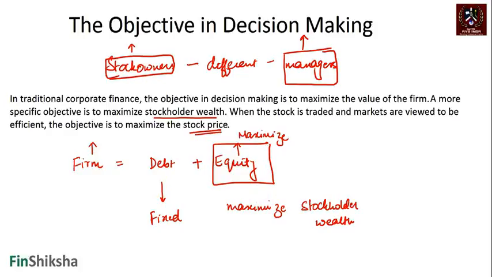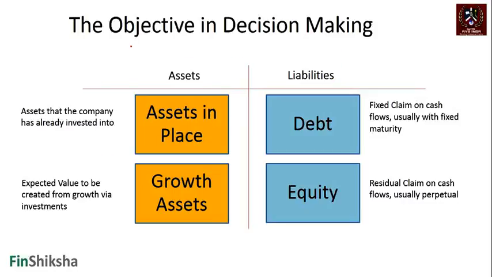Now, if you think about it, there is a little bit of a criticism around looking at stock prices as the sole objective, right? Let's quickly recap what we were looking at, which is we have already seen that currently if a company has assets, there are certain assets which are already in place. These are the assets which the company has already invested into. It is easy to value these.